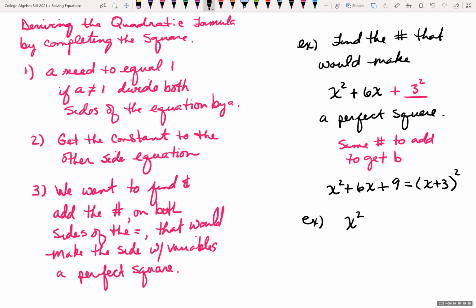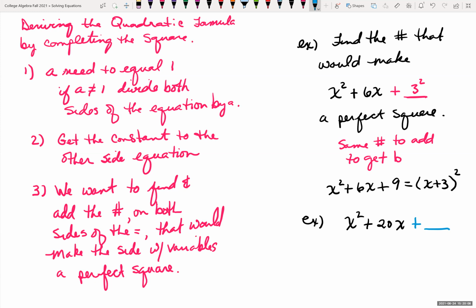So if we had x squared plus 20x, and you're thinking to yourself, what am I adding here to make that a perfect square? So basically, what are you doing to get that same number that you're going to add to get that middle coefficient each time? It's always going to be half of that number.